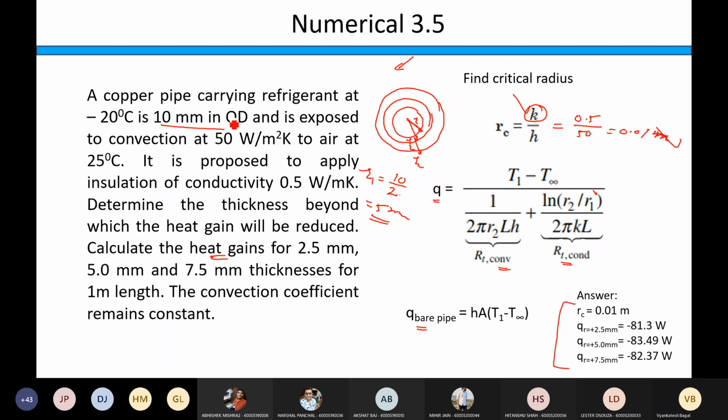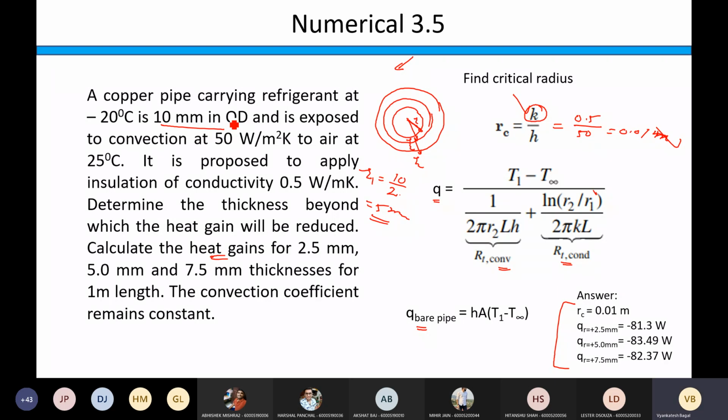Just solve this at your end, and tomorrow, since we have a lecture, you can tell me whether these values are matching or not, right?